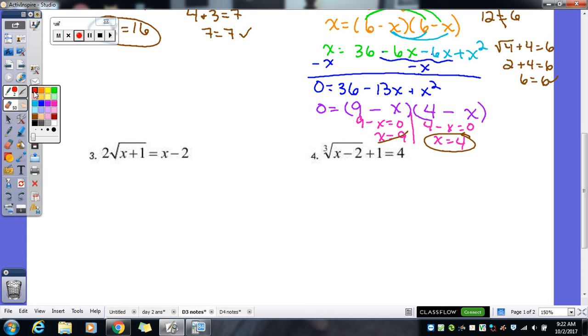All right, number 3. Is our radical isolated? No. What do we have to do? Divide by 2. For right now, I'm going to leave it as x minus 2 over 2. How else could we write it?